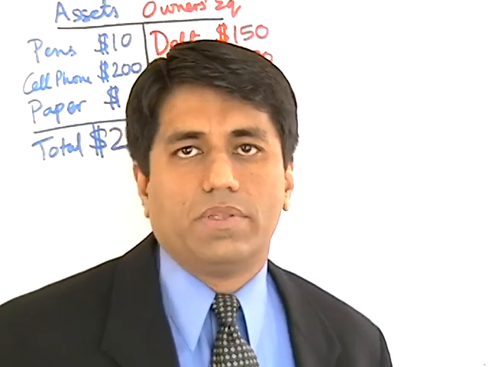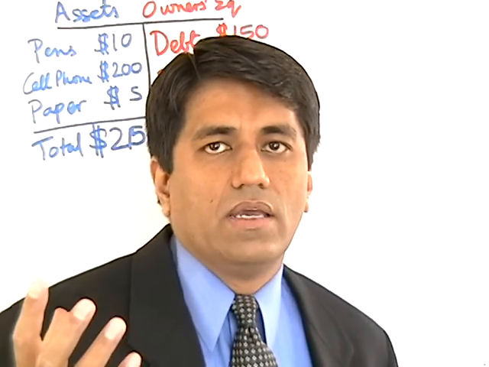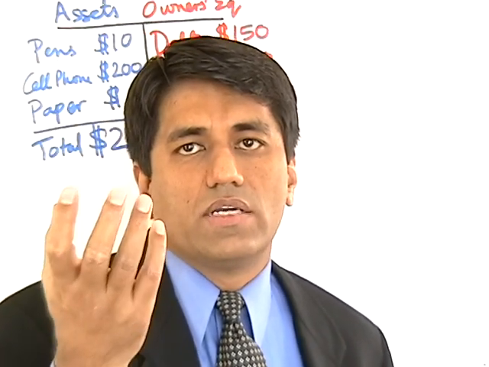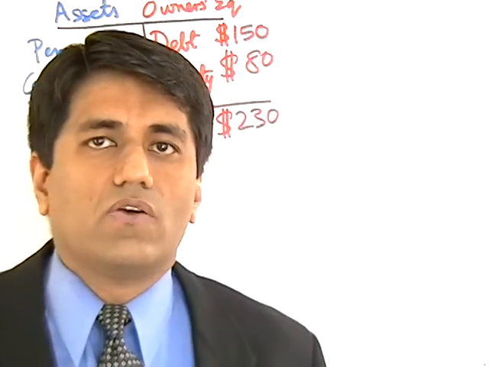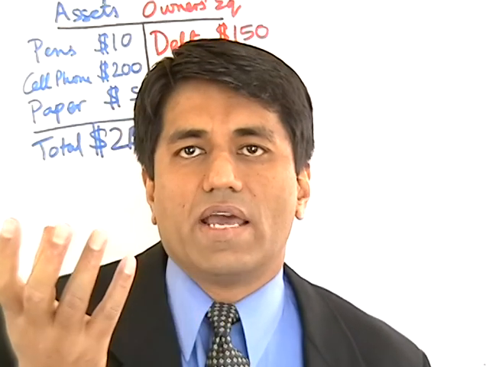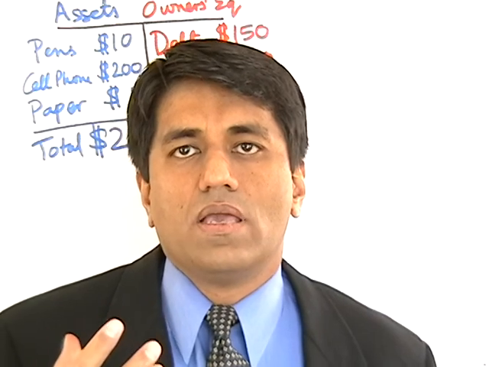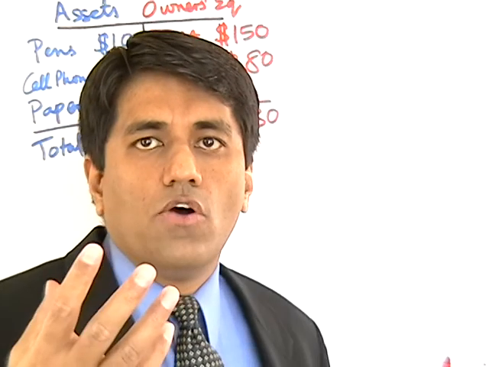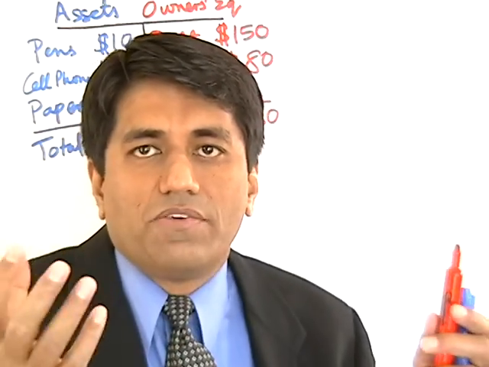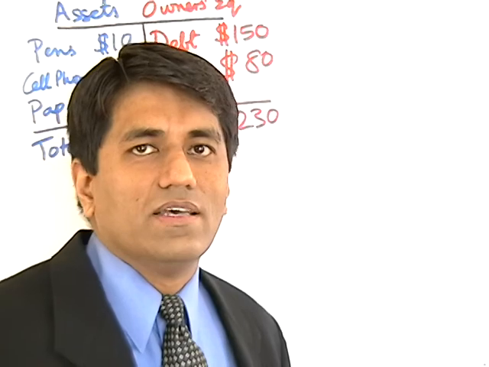And why can this not happen? Well, this cannot happen because on one hand, the accountant is saying that the firm is worth 215. On the other hand, the accountant is saying that the value of debt is 150 and the value of equity is 80. So the accountant is saying, between you and me, we own stuff in the firm worth $230. But also the firm is only worth 215. So that can't be, right?